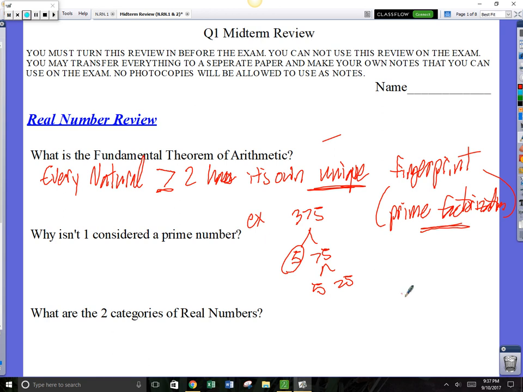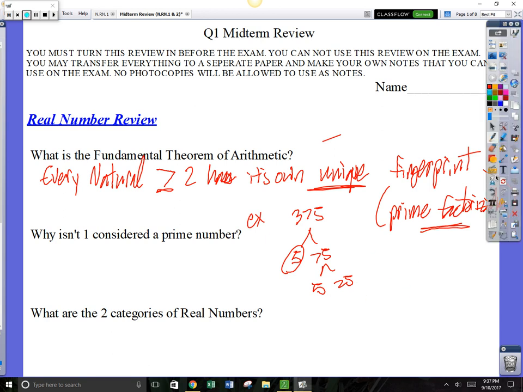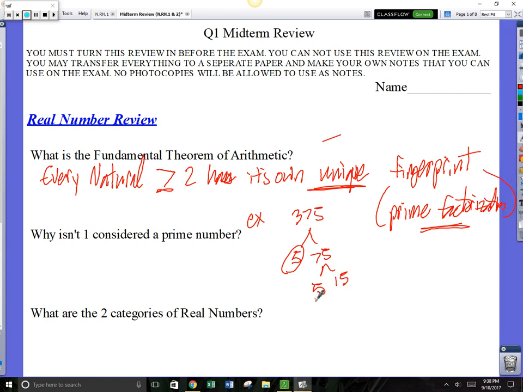Hold on, 75 divided by 5, it's 5 and 15. So 5 is done. 15, let's break that down. That breaks down to a 5 and a 3. Okay, so the fingerprint for 375 is really equal to 5 cubed times 3 to the 1.